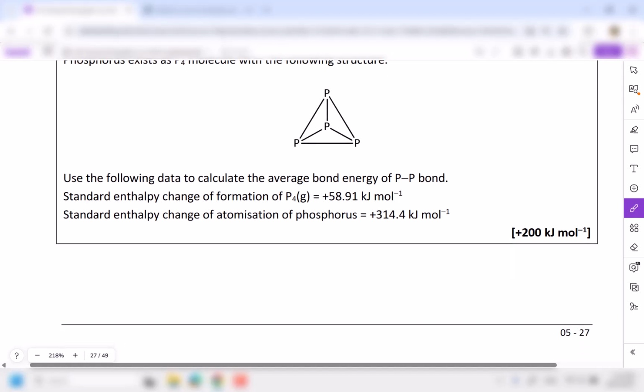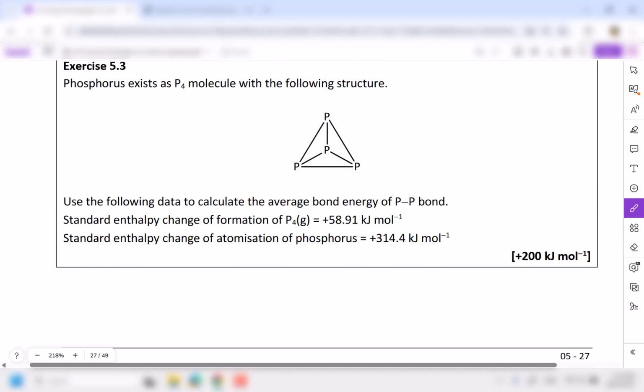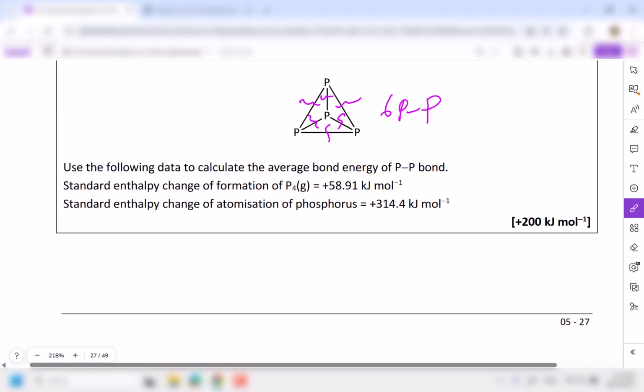So let us try to link up the data. The reason why they drew this for you is for you to calculate how many covalent bonds you need to overcome. So 6 P-P bonds you need to overcome. Okay, so let us try.